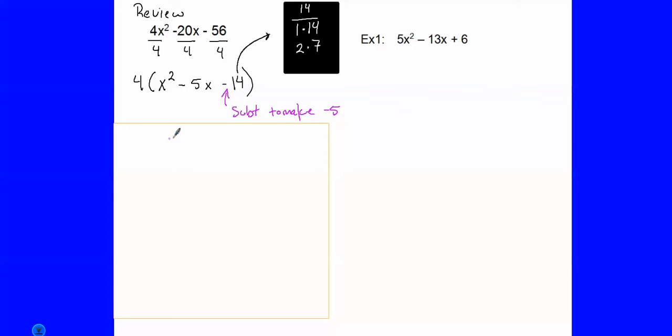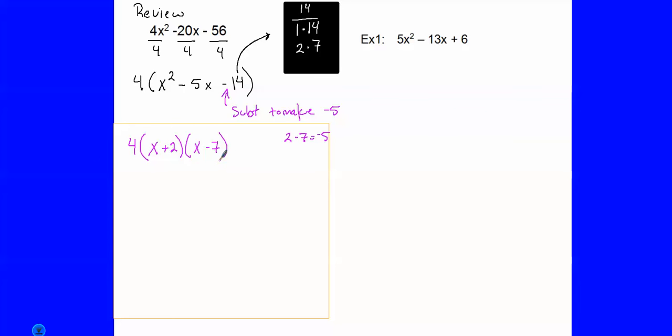After that, I would write my two binomials. So we would determine that 2 minus 7 would equal negative 5. We would identify that these two numbers were the set I needed to use, so therefore I would have x plus 2, x minus 7 with a greatest common factor of 4.